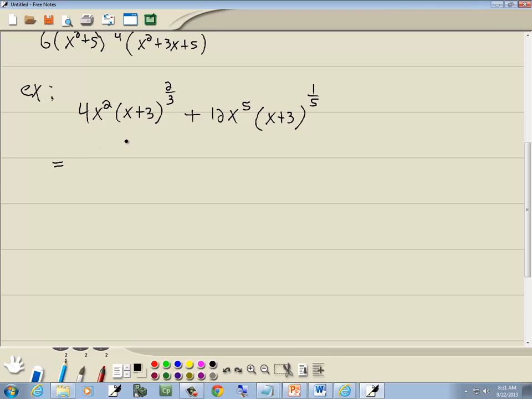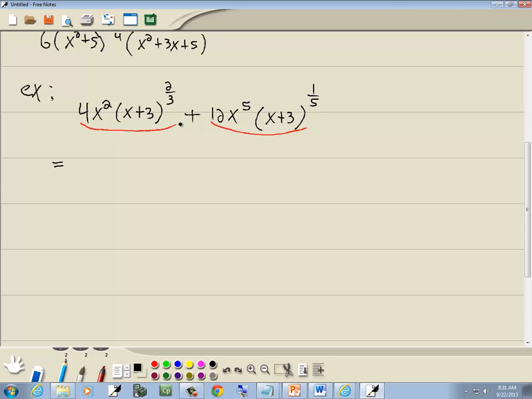First off, let's identify our groups. This is considered one group, and this is considered one group. And the reason why is because everything's multiplication. This is 4 times x squared times (x plus 3) to the 2/3. This is 12 times x to the 5th times (x plus 3) to the 1/5.